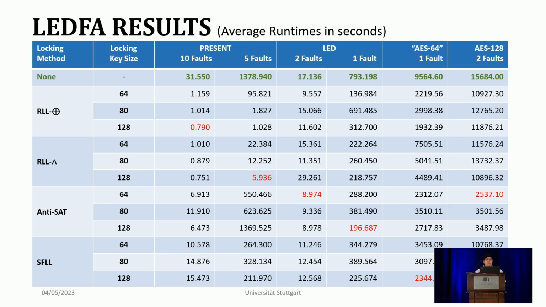Similarly, differential fault analysis on AES using 2 fault injections takes around 15,000 seconds, while LEDFA takes only around 2,500 seconds if the circuit is locked using a 64-bit anti-SAT logic locking key.